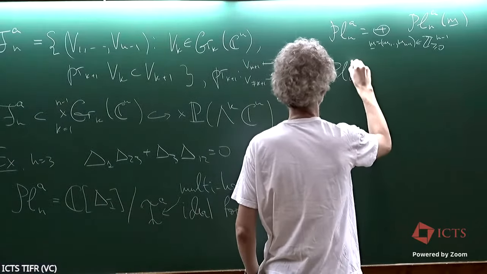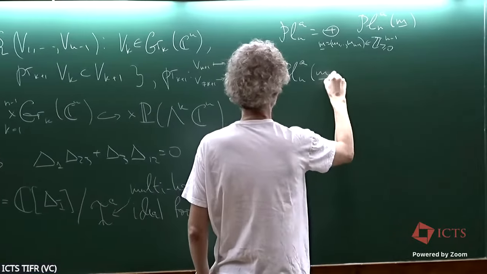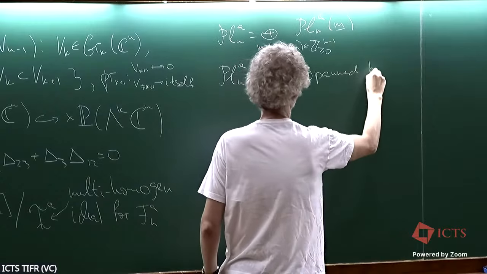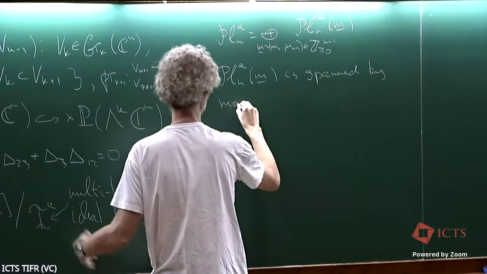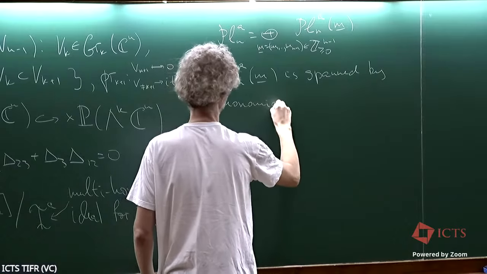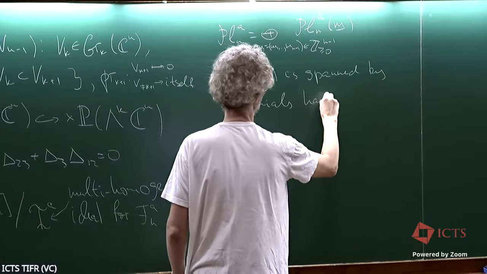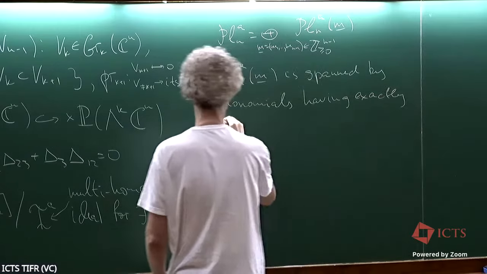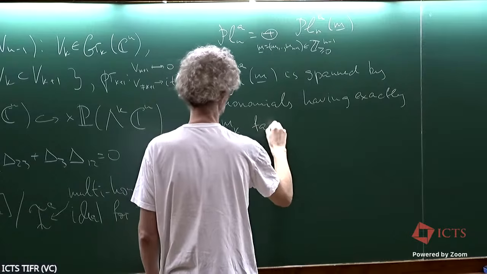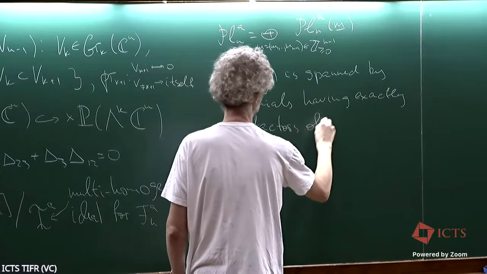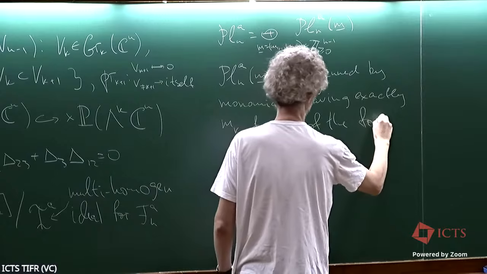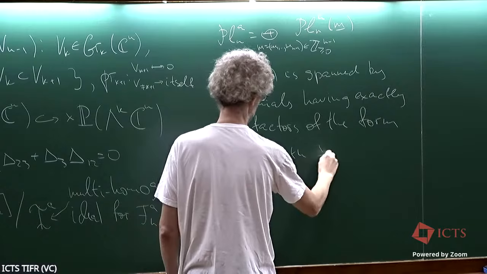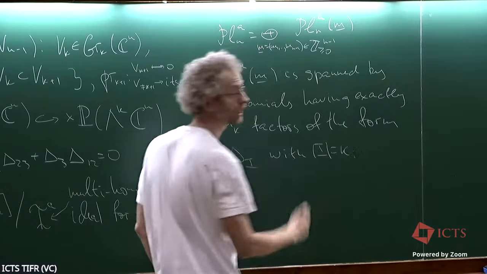So this Plücker algebra component for M is spanned by the images of the monomials having exactly mk factors of the form delta I with cardinality of I being k.